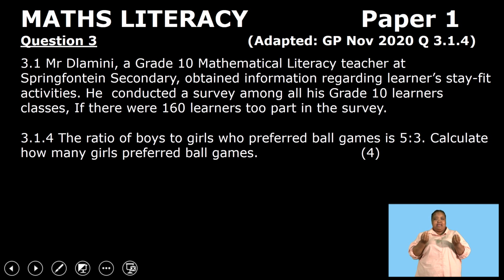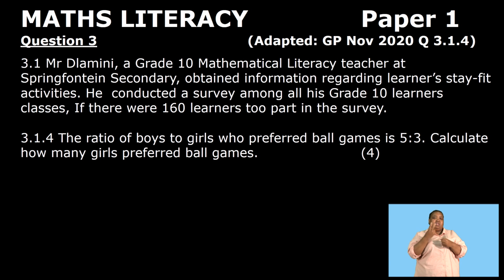Then looking at question 3, it was adapted from Gauteng, November 2020, and we have question 3.1.4. Mr. Dlamini, a grade 10 mathematical literacy teacher at Springfontein Secondary, obtained the information regarding learners' stay fit activities. He conducted a survey among all his grade 10 learners' classes. 160 learners took part in the survey.